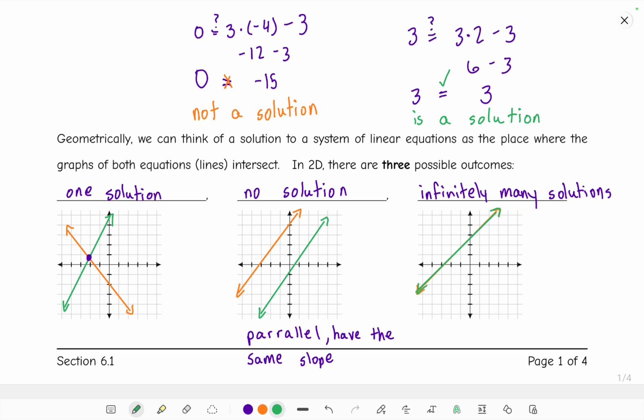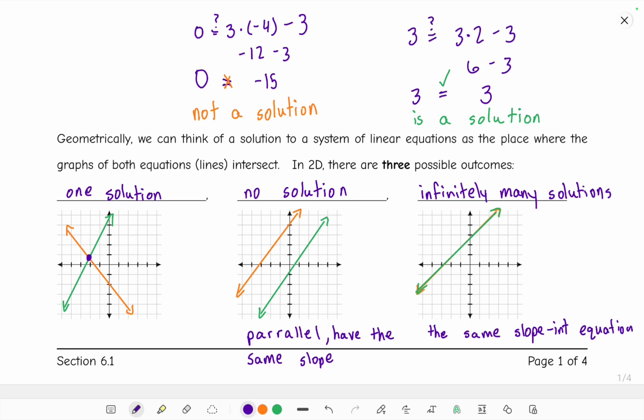This is because lines don't have a unique point-slope equation or unique general equation. Remember, only the slope-intercept form is unique. So this is when they have the same slope-intercept equation. In other words, same slope and same y-intercept.